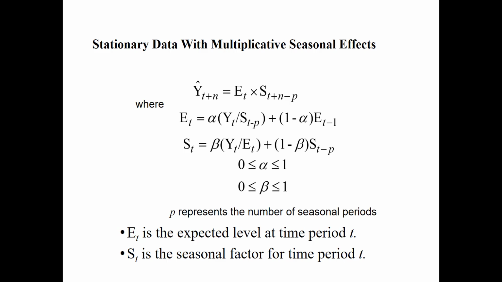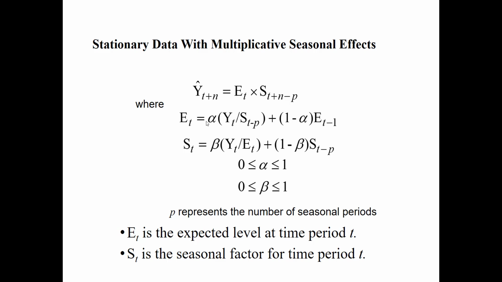Now let's move to the stationary data with the multiplicative seasonal effect. The way that we work in this model is exactly the same as the additive, except that for the multiplicative, the plus sign that we had for the additive becomes multiplication, and the minus sign becomes division, as you can see here.